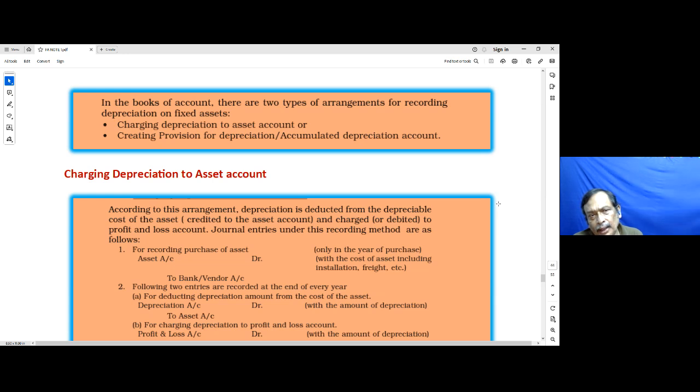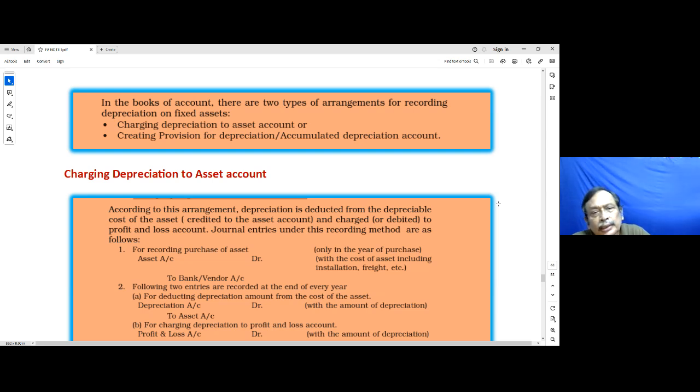So in the books of account, I repeat, there are two types of arrangements for recording depreciation on fixed assets: one is charging depreciation to the asset account, and the other is creating a provision for depreciation or accumulated depreciation account. Accumulated depreciation means the summation of depreciation up to the nth year.